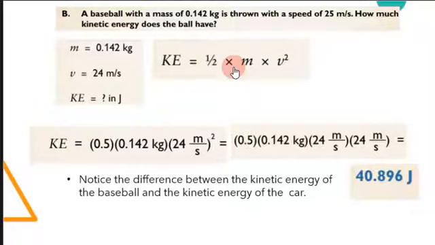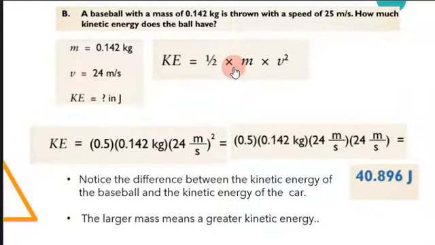It says 25 meters per second. You said 24 in the problem. Oh, interesting. They changed it to 24 for some reason. That's a misprint in your book. These things right here came straight out of your book. Interesting. So we should make the book people aware of that. The larger mass means a greater kinetic energy. So if y'all want to switch that to a 25, we have to redo the math, of course.